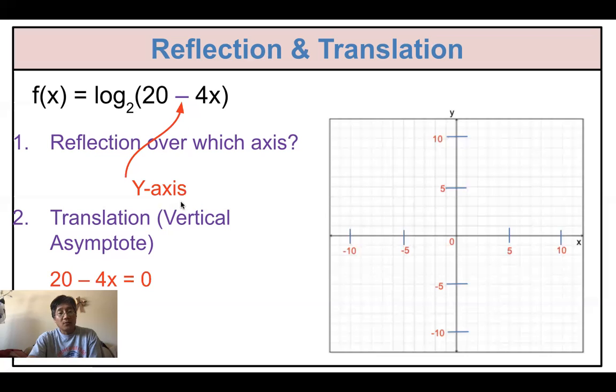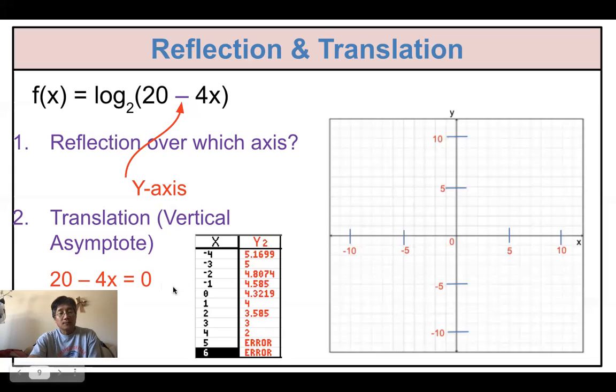So how do you find the vertical asymptote? You set 20 minus 4x equal to 0 and solve for x. If you solve it, what do you get? x equals 5, right? So you should draw the vertical asymptote here, x equals 5, like this.